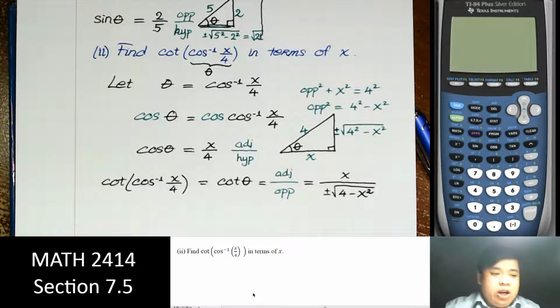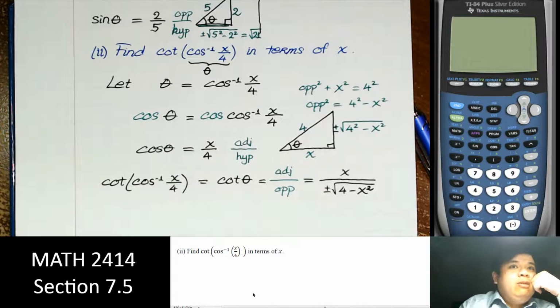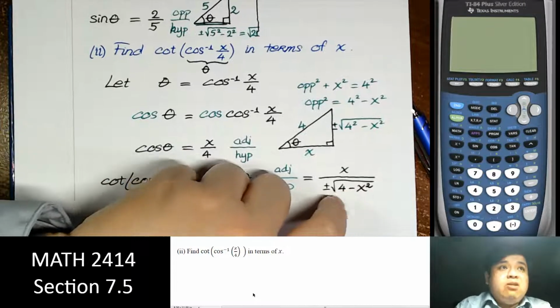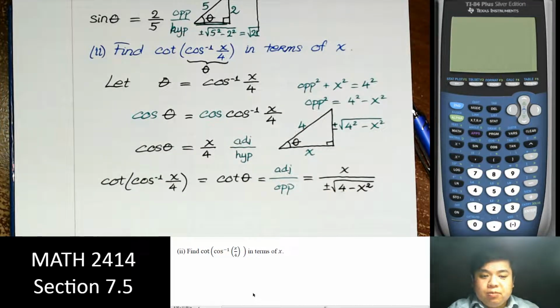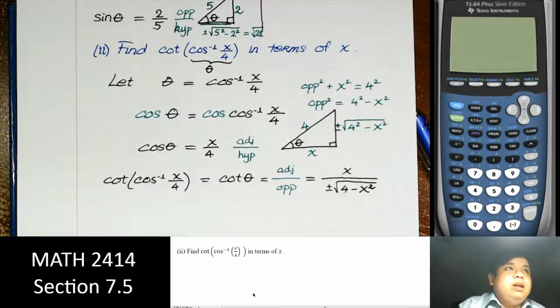Now let's check. Cosine inverse is going to give us quadrant 1 and quadrant 2. Cotangent of quadrant 1 and 2 could be negative, so we don't know the positive or negative. And besides, the inside of this has to be positive as well. You cannot have a negative inside a square root. So there are a lot of factors in this.